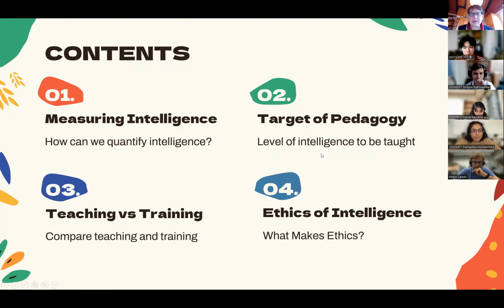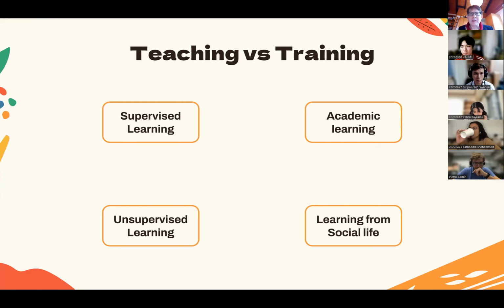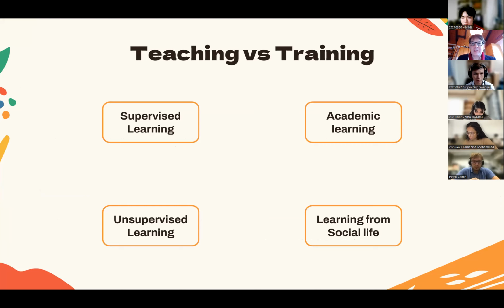Maybe I can add a comment. Maybe one difference is between learning with an objective function and learning without one. Academic learning tries to impose an objective function. Students are supposed to get high grades, so there's a quantitative measure and an objective function. Learning from social life maybe does not really have an objective function.